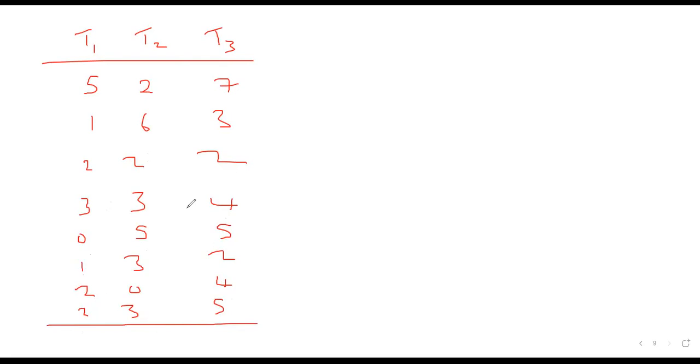So let's find the 3 things. What do you first find? Summation of x, n, and summation of x squared.